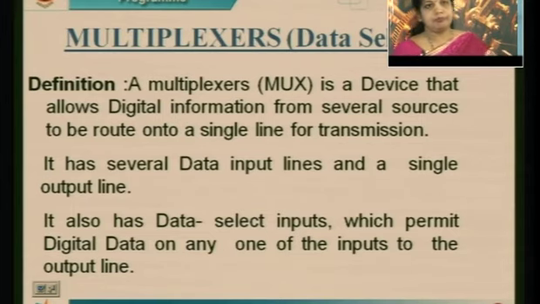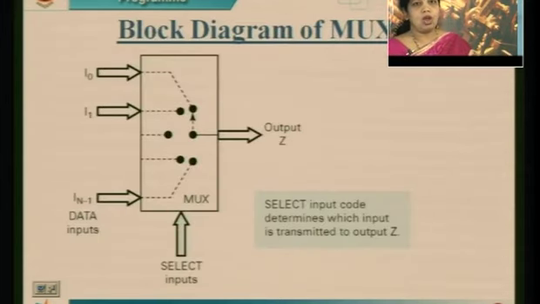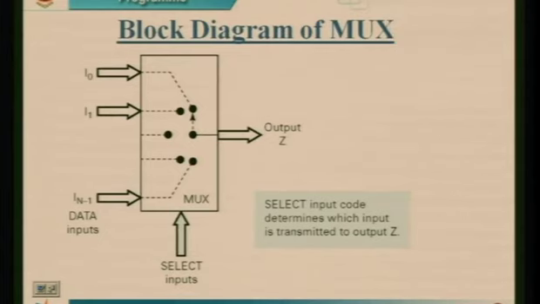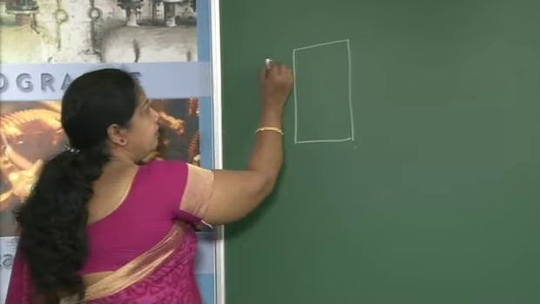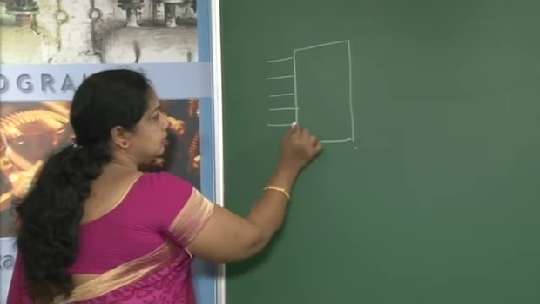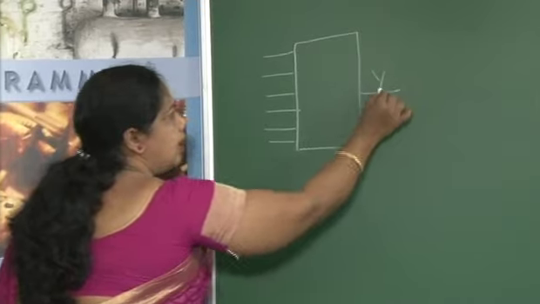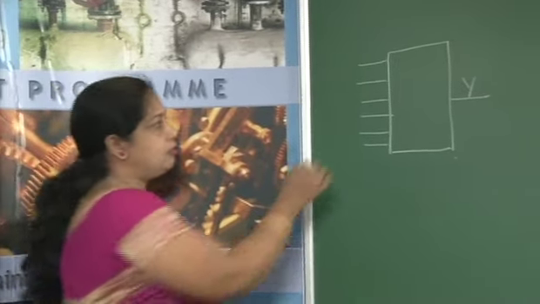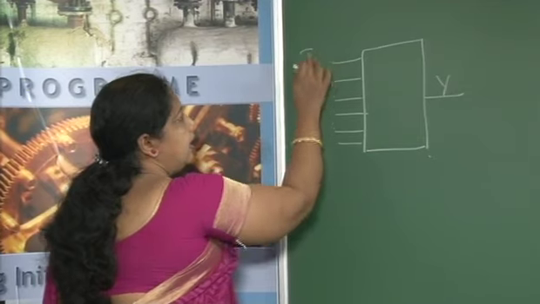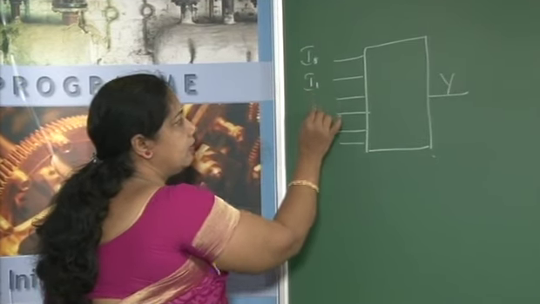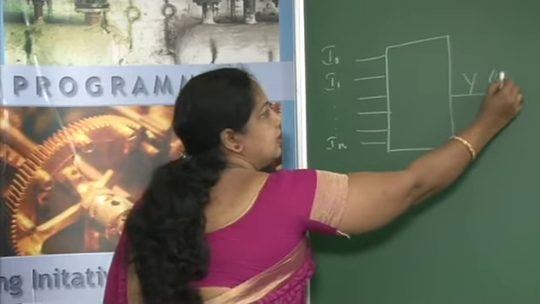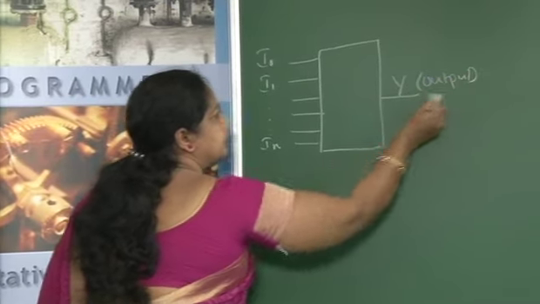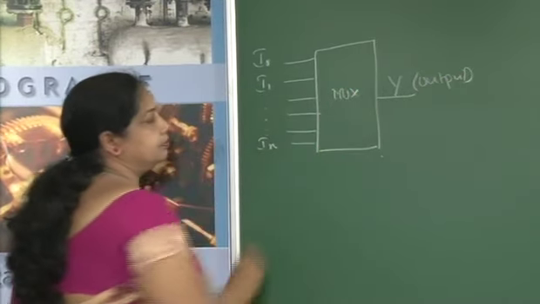Let me discuss the block diagram of the multiplexer. I will start with multiplexer operation. The multiplexer block diagram is drawn this way. We have inputs and we have an output. As I said in the definition, we have multiple inputs. The inputs are designated as I0, I1, in general IN, and the output is designated as Y. This we call the MUX.